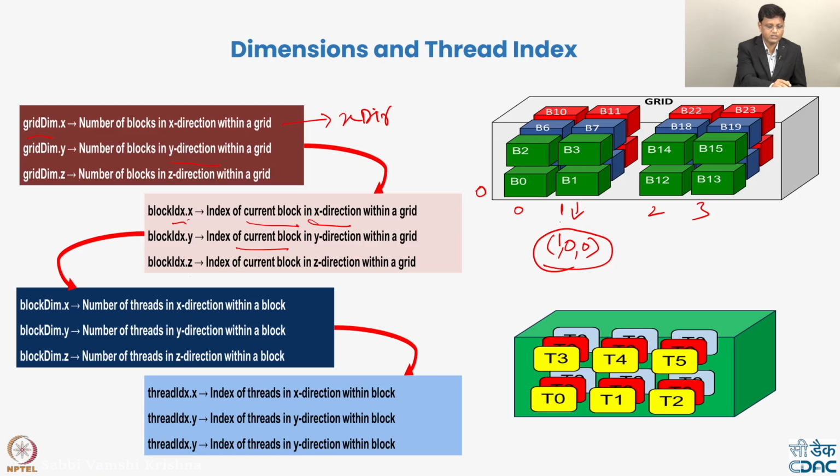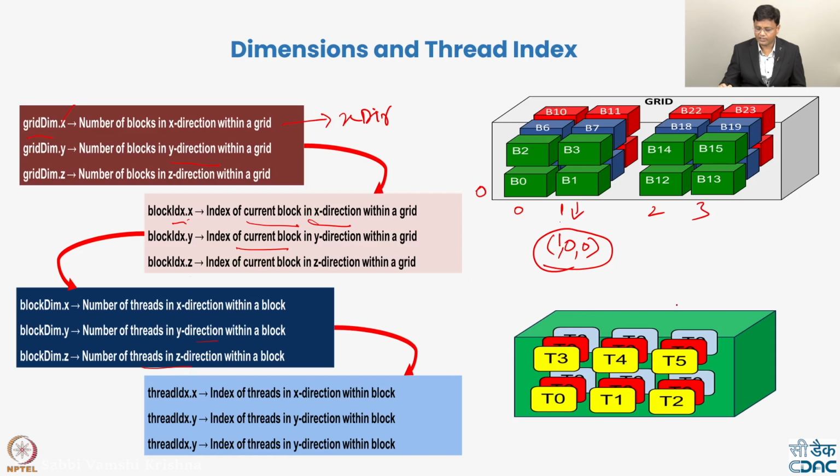The previous one was within a grid, and this one is related to within a block. Similarly, blockDim.y returns the number of threads in the y direction, and blockDim.z represents the number of threads in the z direction within a block.